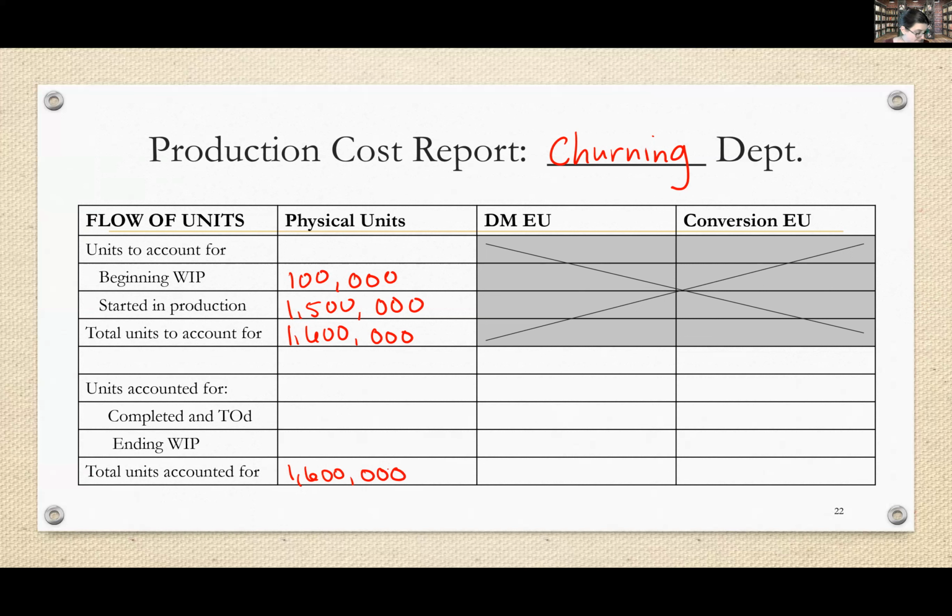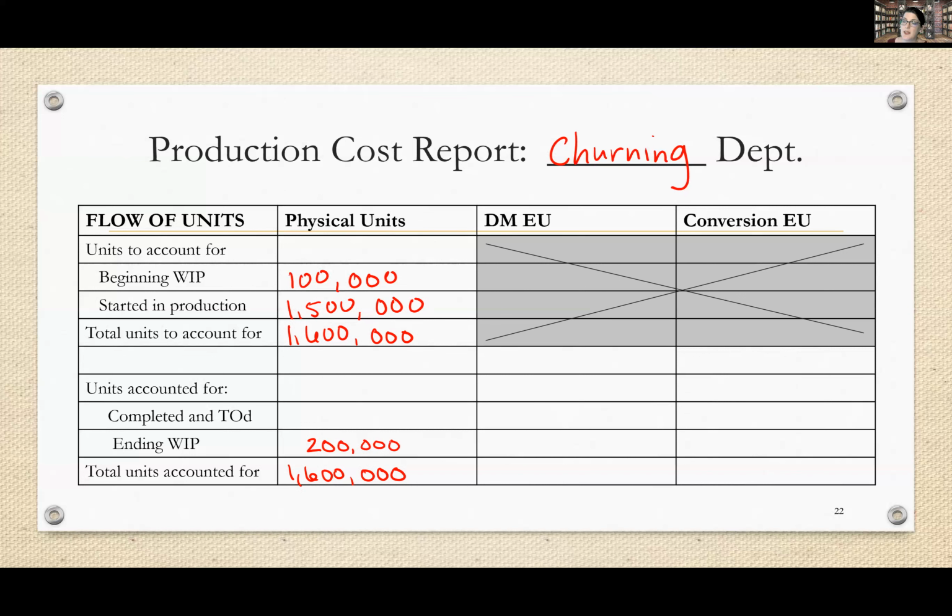So then it tells me, on my notes here, that our units in ending work in process inventory are 200,000. So I'm going to put my 200,000 because I know this.